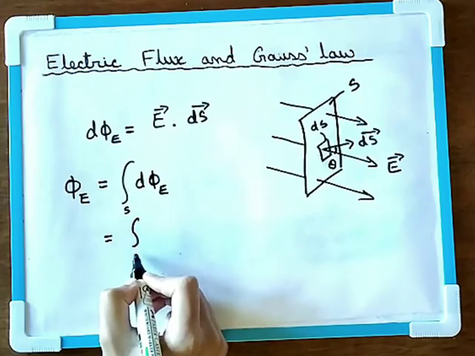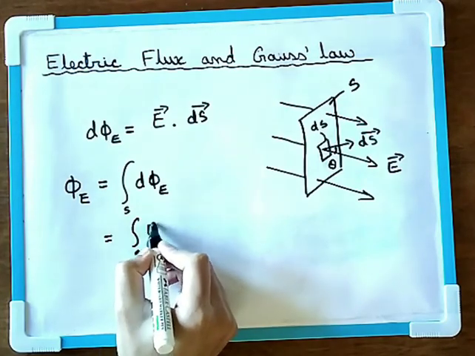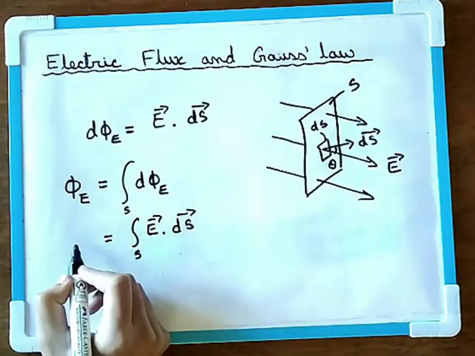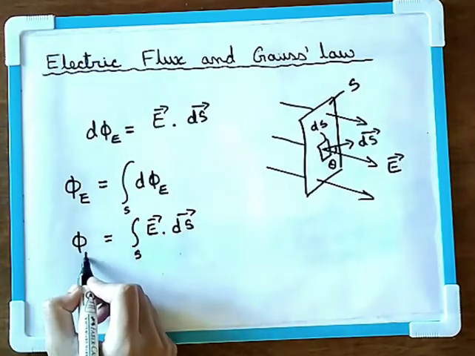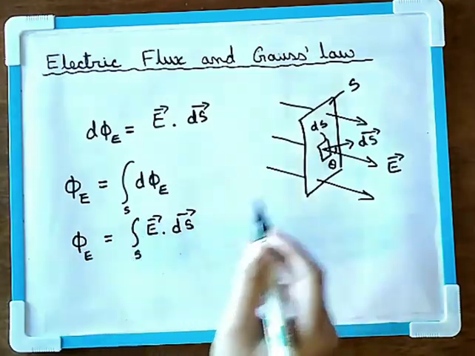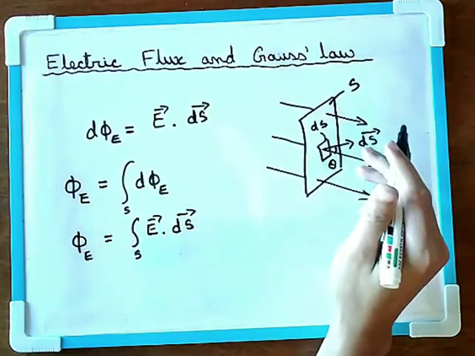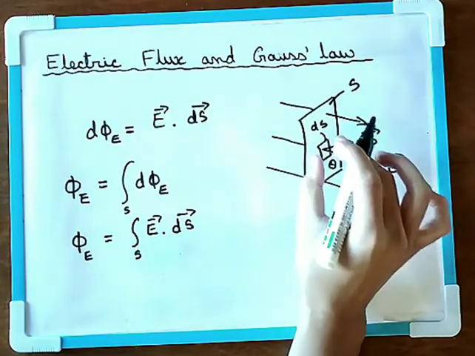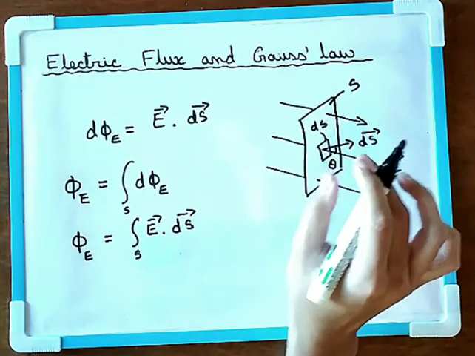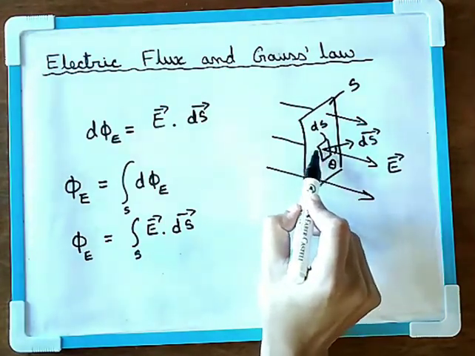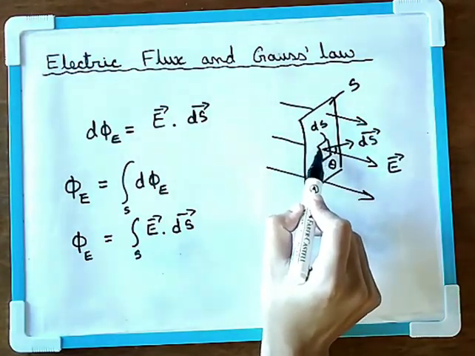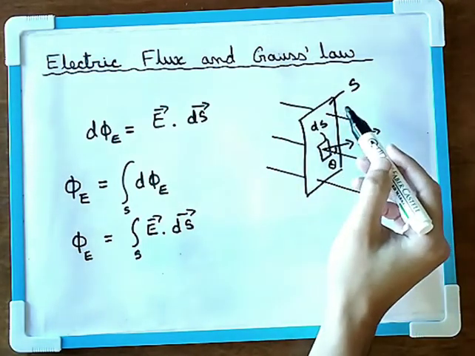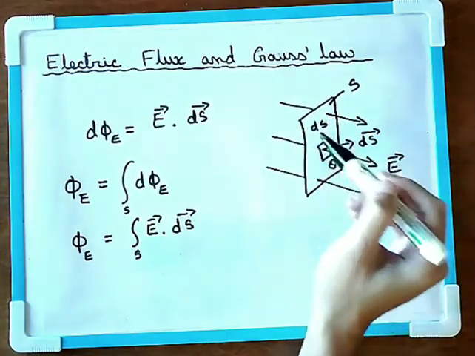So here we have integration E dot dS. Integration here means summation. You add all these small elementary fluxes through the small elementary areas dS, and you'll get the electric flux through the whole surface area S.